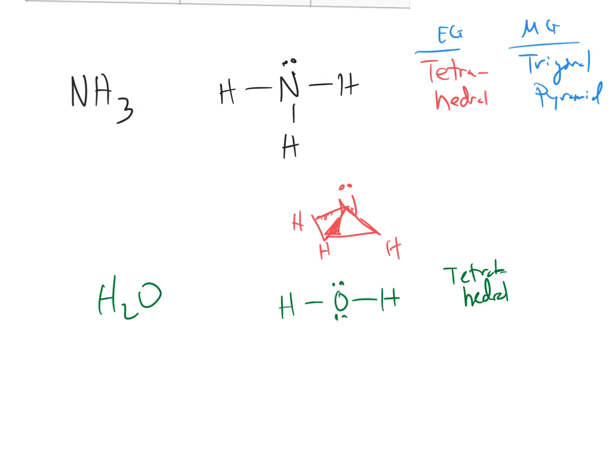What about the molecular geometry? Bent. So again, if I draw this, it looks something like that. All we're interested in are these bonded atoms, and it just looks like a bent line, right?